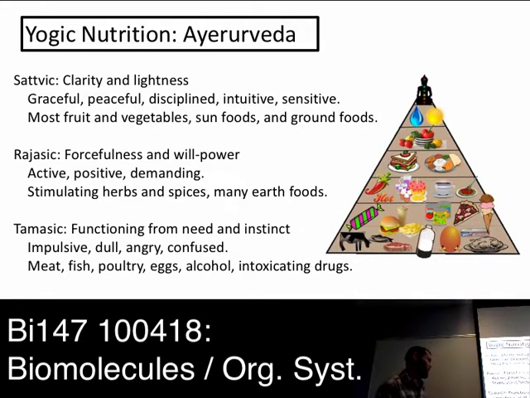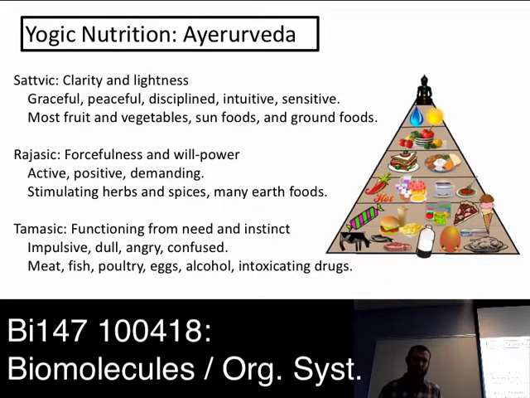And what are they? So they think meat and fish and eggs, alcohol, intoxicating drugs, anything deep fried or highly processed foods, sweets, yeah, any of that kind of stuff. So the American diet is basically tamasic, to be avoided if possible, or when I have tamasic foods, have them in extreme moderation.